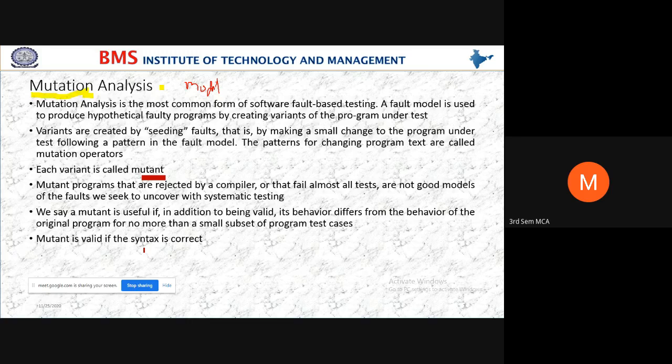If it is not differing much in the behavior of the program, then we say the mutant is useful. And the mutant is valid if it is syntactically correct, if it does not have any syntax error. Then we say the mutant or mutation is valid.